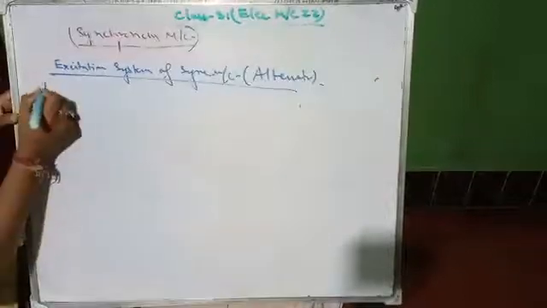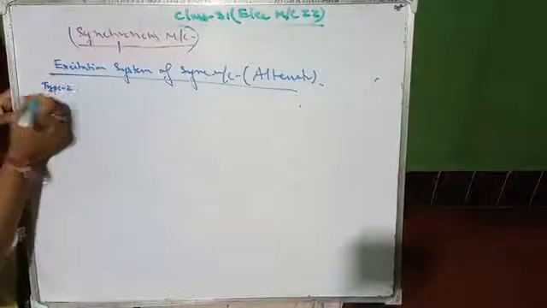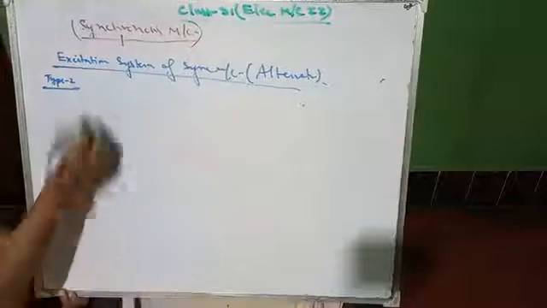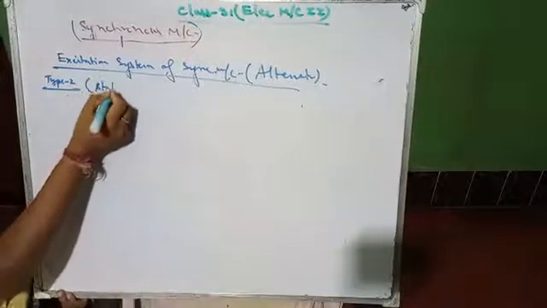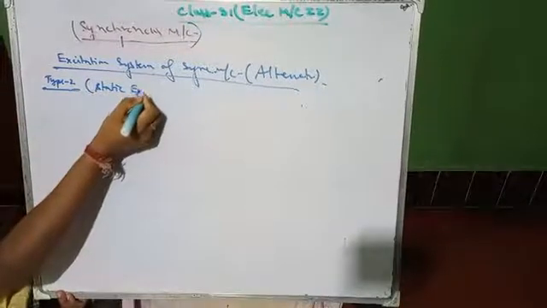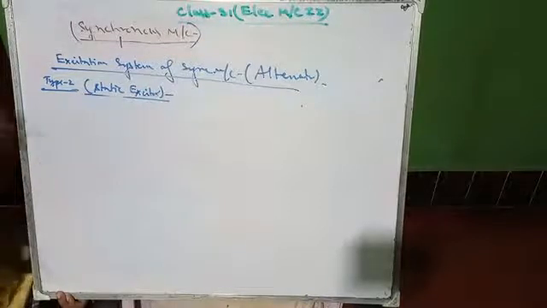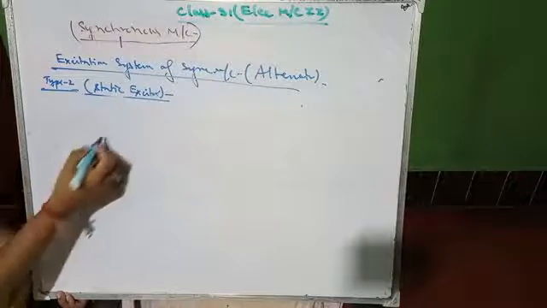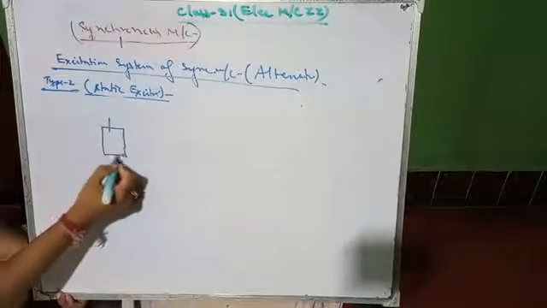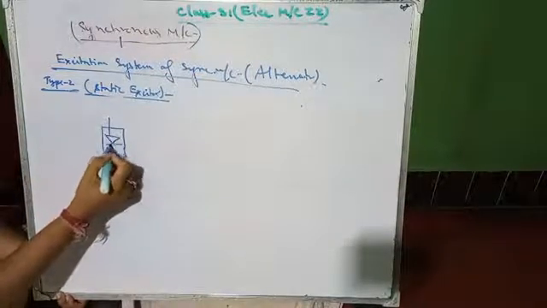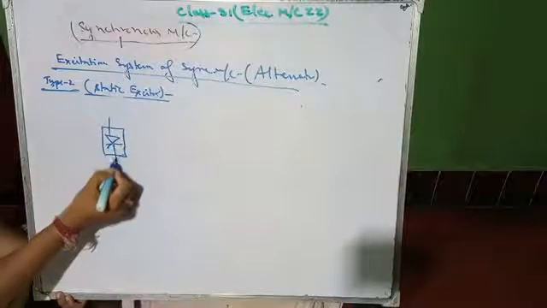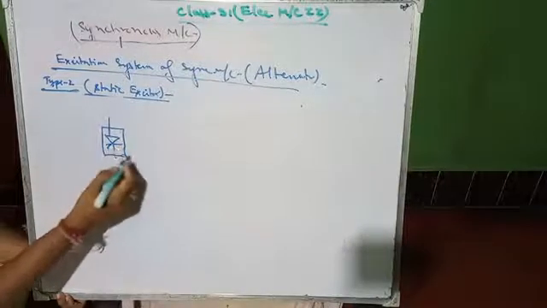So the second one, type 2. Type 2 excitation system is called static exciter. In this case, an SCR means thyristor. SCR means silicon controlled rectifier. This is the sign of the SCR.